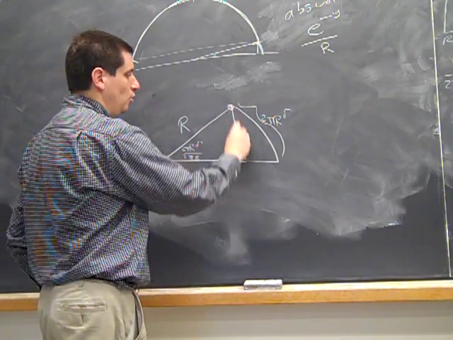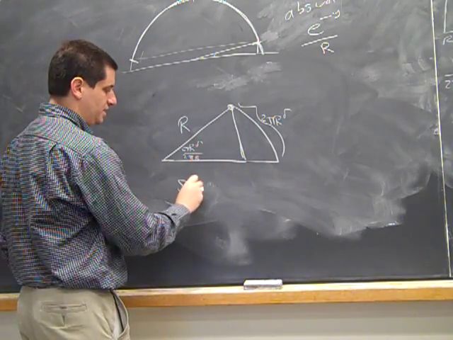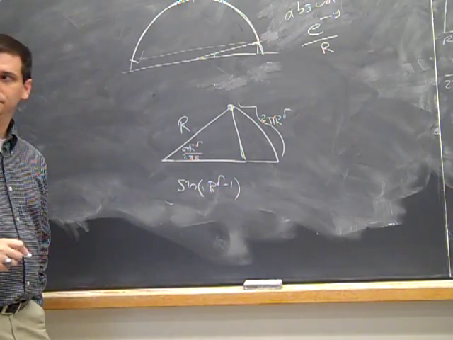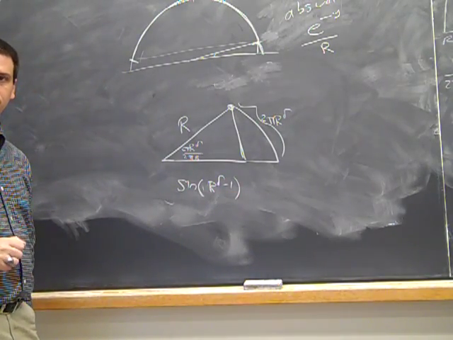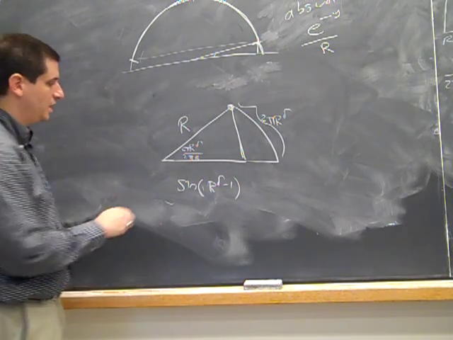And now I can try to figure out what's this height going to be. Well, the height is going to be the sine of r to the delta minus 1, times r. Times r, thank you.